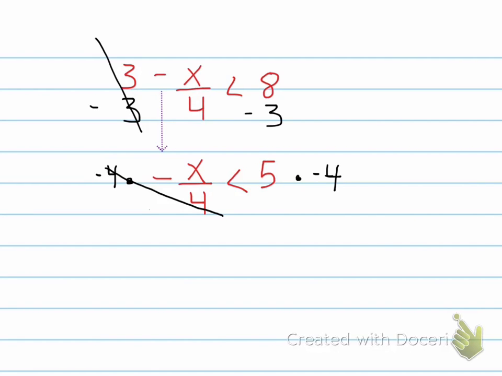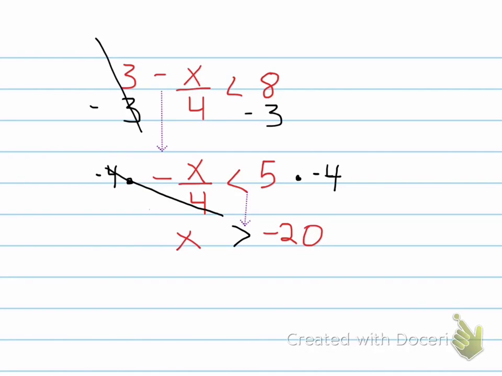That's what I want. I get x alone. Negative 4 times 5 is negative 20. And this sign is going to change. So I have x is greater than negative 20.